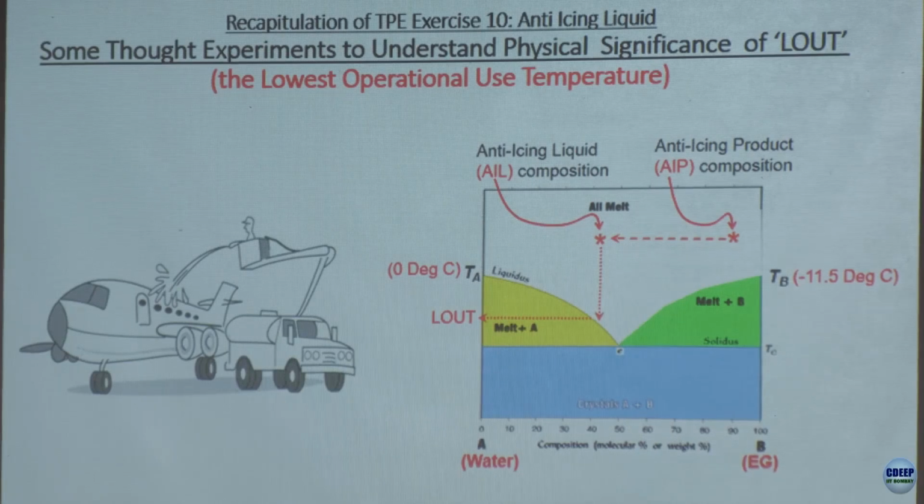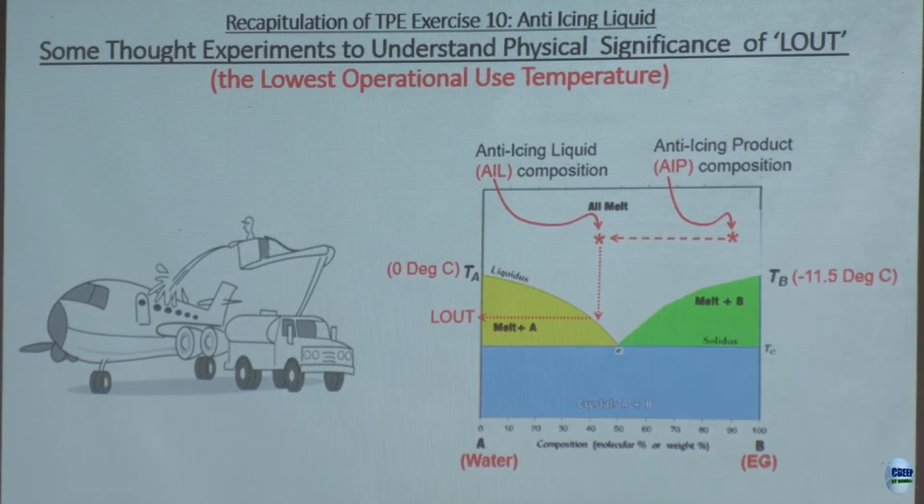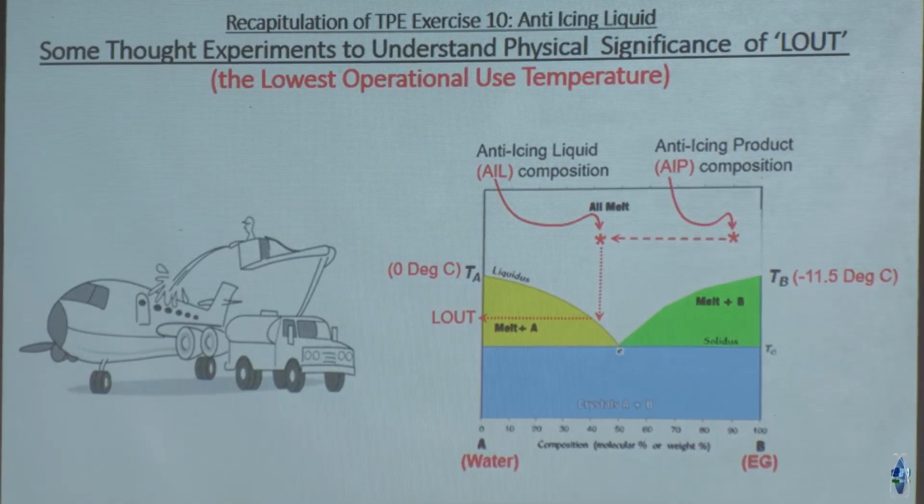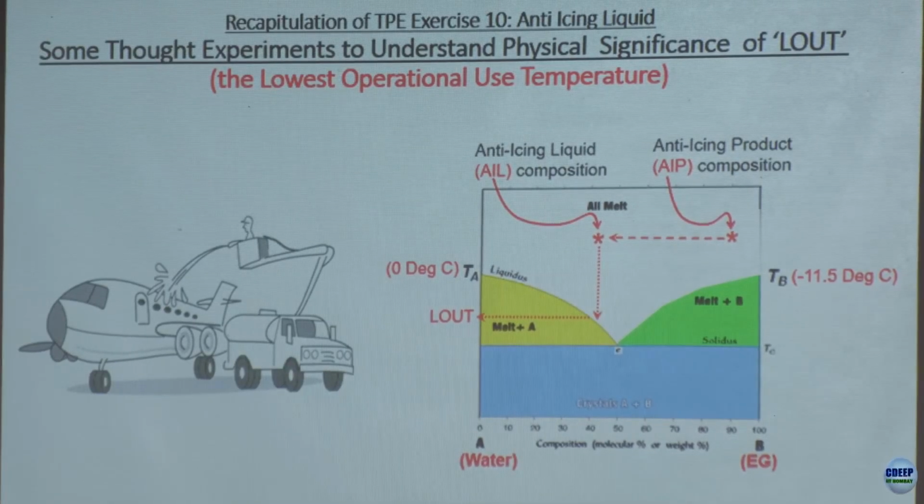So once it is cleaned off all the snow which has fallen on the wings, and you deposit the anti-icing liquid on the surface of the wings, then before the effectiveness of the anti-icing liquid is completely exhausted, the plane has to take off, and that time available for the aeroplane is called the holdover time.